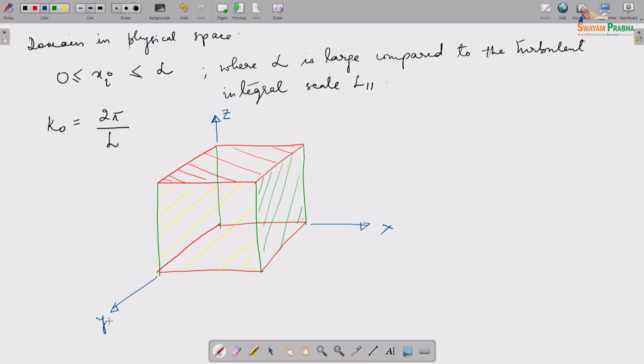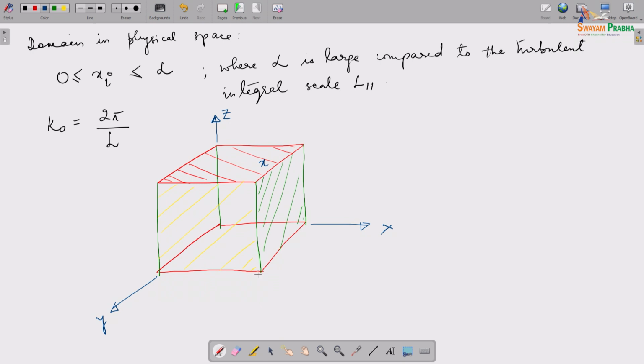Let's say this length is x1, then this is equal to x2, and this is equal to x3.